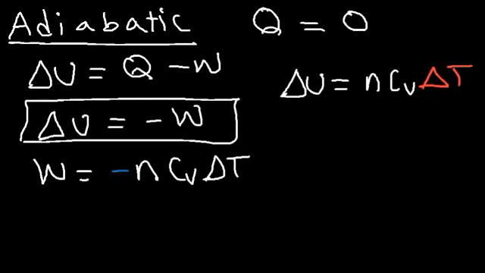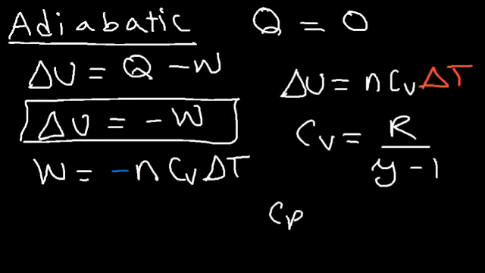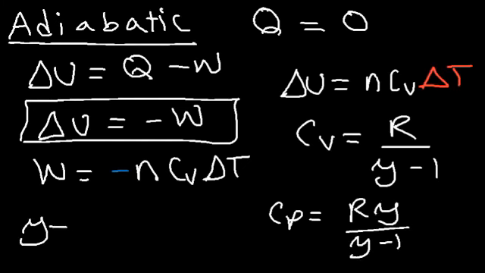Now keep in mind, you can find Cv by using this equation. It's equal to R over gamma minus 1, where R is 8.3145. And Cp is equal to R times gamma over gamma minus 1. And gamma is the ratio between Cp and Cv.